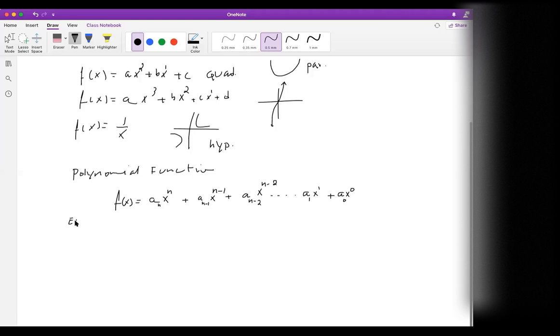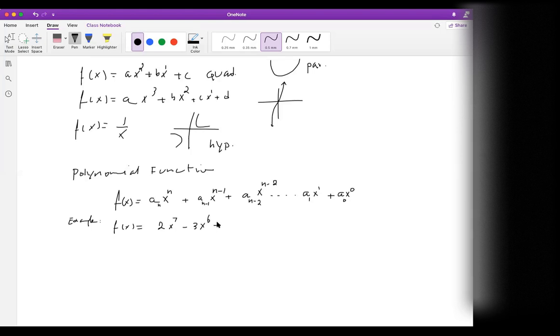Let's try an example here. f of x equals 2x to the 7th. The coefficient doesn't have to necessarily increase or decrease, it could be any number, any factor. Maybe plus 6x to the 6.